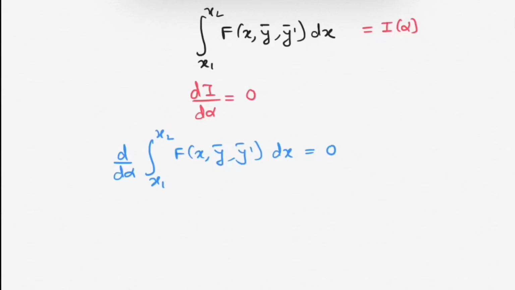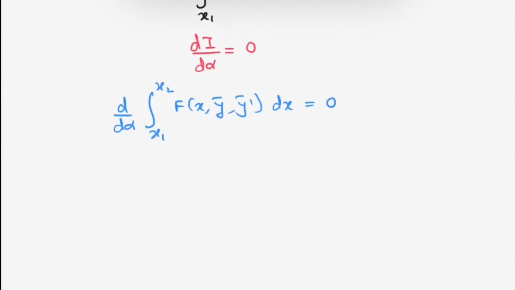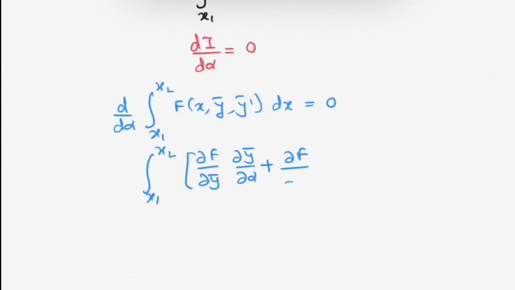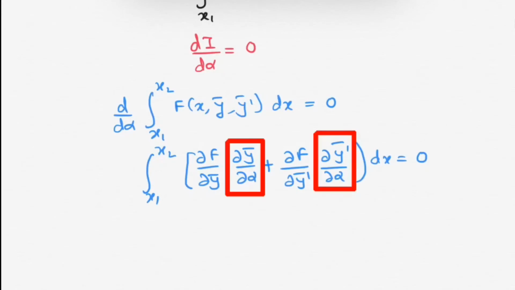Now taking this differentiation inside the integration, and after differentiating using the chain rule, we get integration x1 to x2 del f over del y bar into del y bar over del alpha plus del f over del y bar prime into del y bar prime over del alpha dx equals 0.